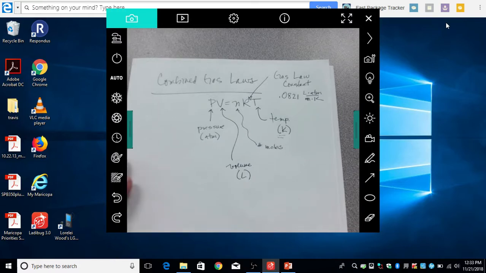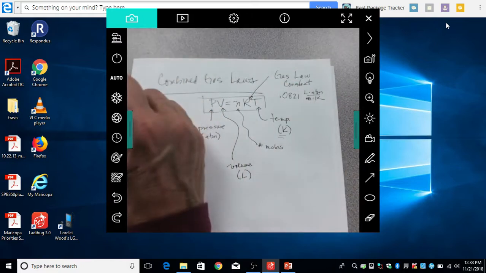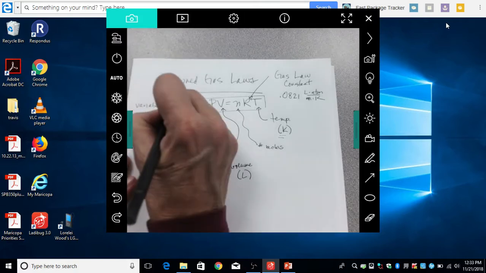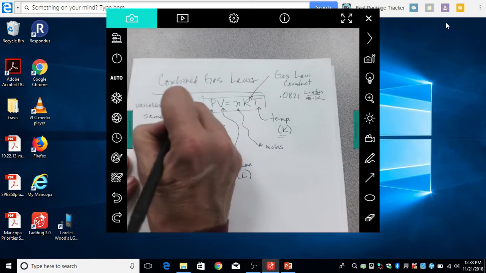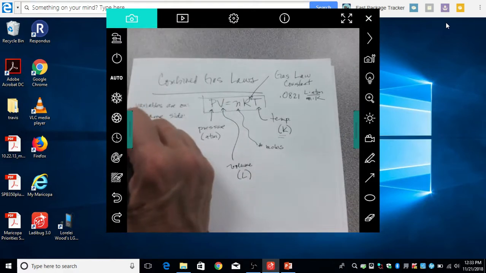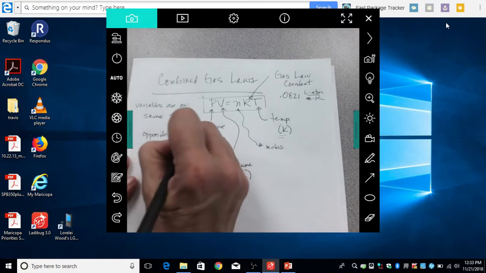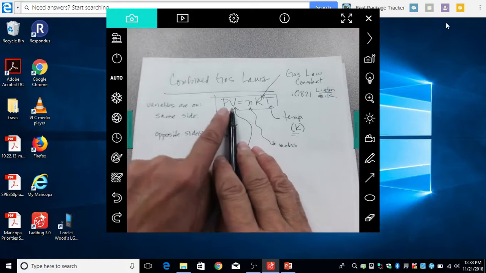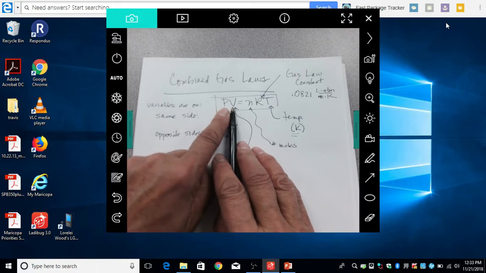And if you can remember this formula and the fact that if the variables are on the same side versus opposite sides. All right, let's think about that. Variables on the same side. We just talked about these variables, pressure and volume. How are pressure and volume related? Inversely or directly? Inversely.